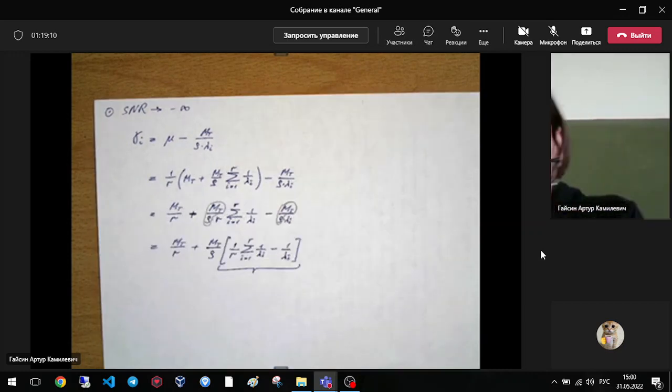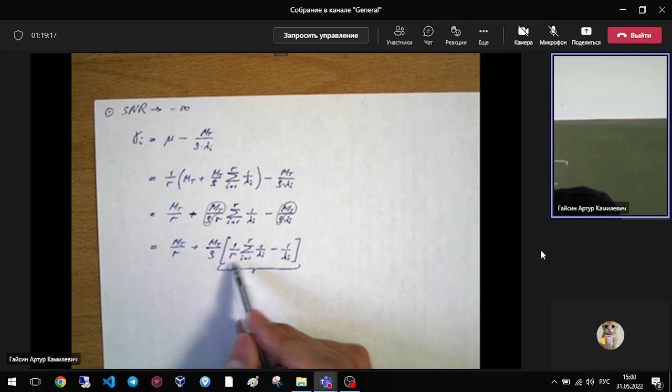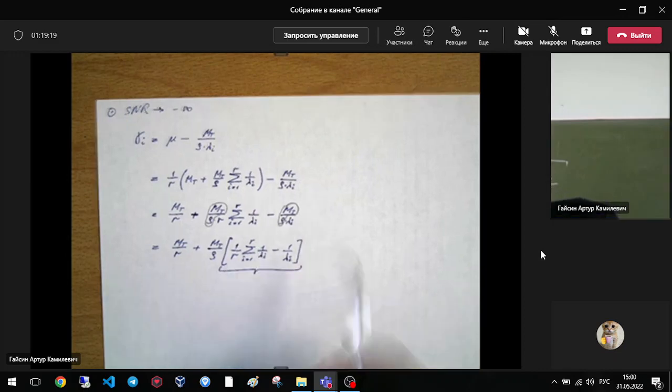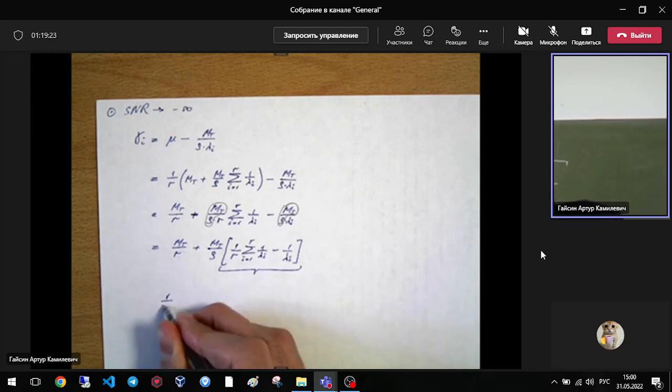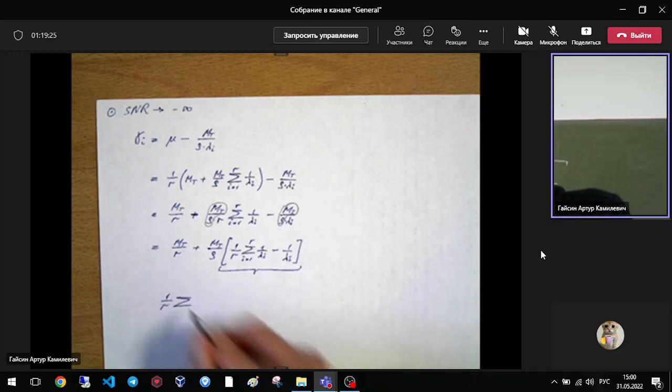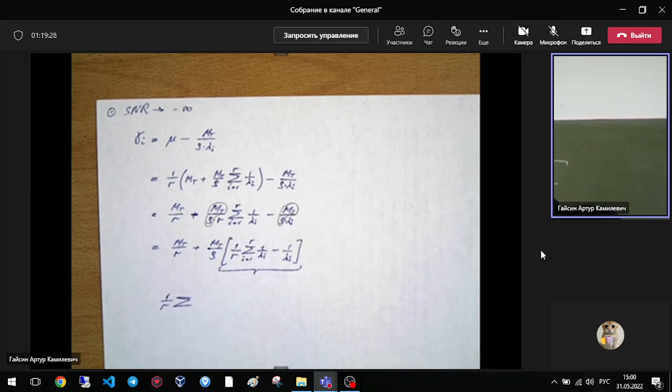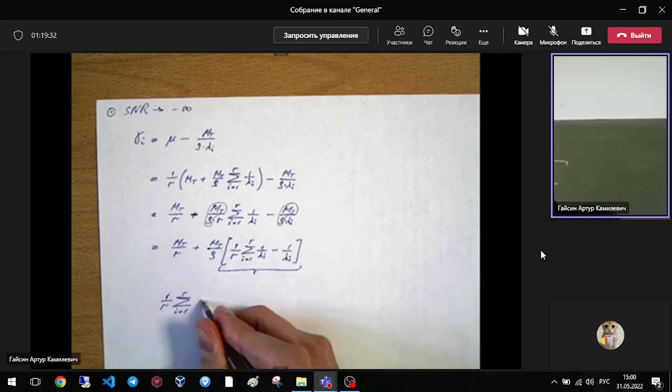So first calculate this part, 1 divided by R times the summation. Let's write it in the general case first.